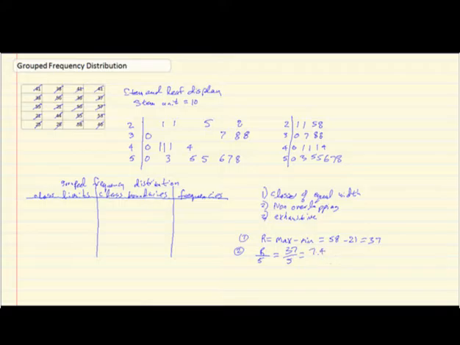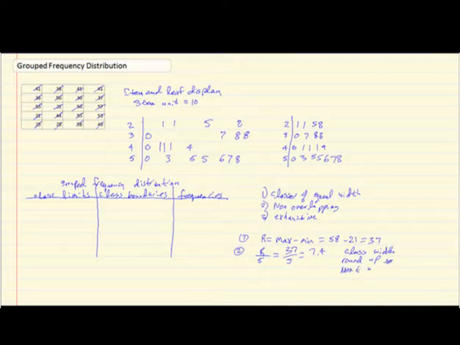Now, this is going to give me the class width. And in order to find that class width, we always round up, no matter what we get from this calculation. In this case, since our data values are whole numbers, we're going to round up to the next whole number.